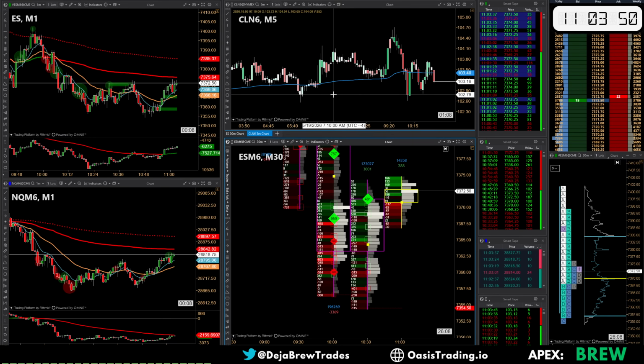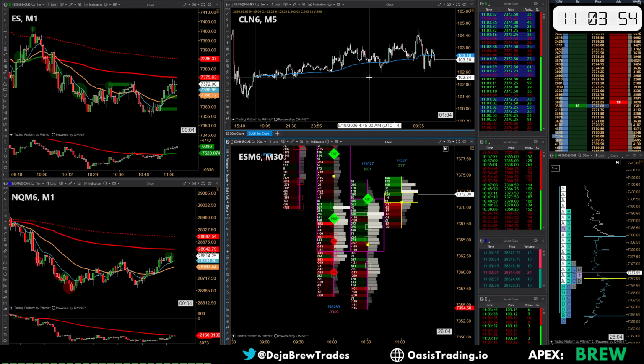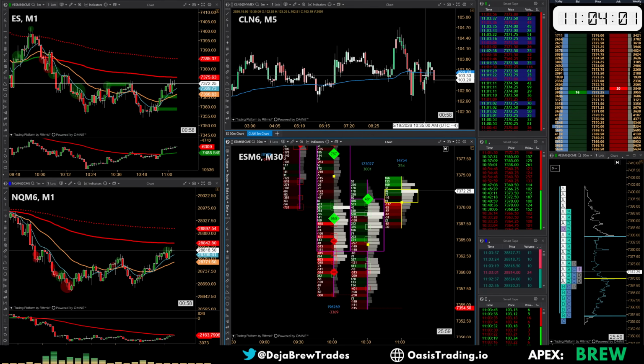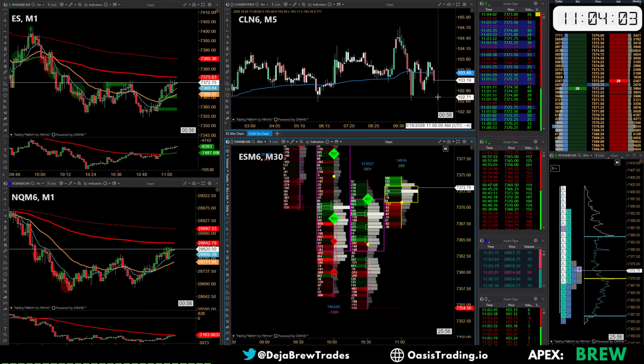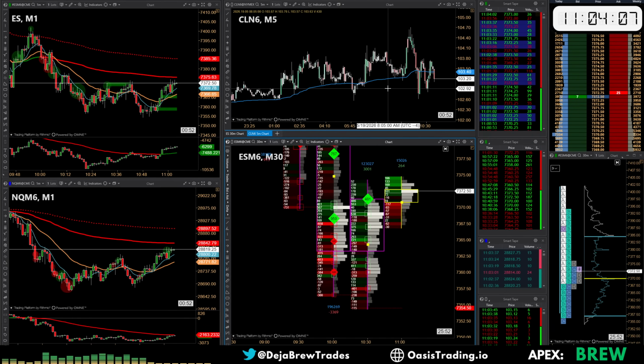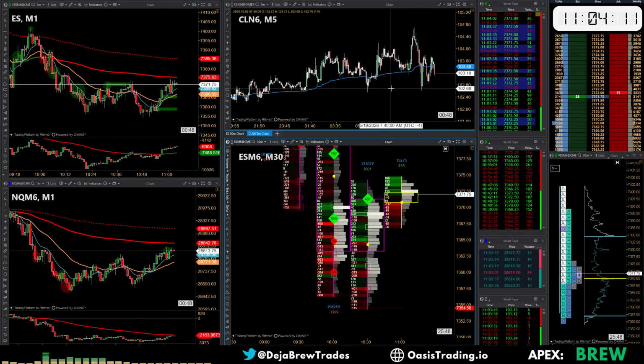That's just VWAP, just drawing a VWAP from the session VWAP. If you're trending very aggressively away from VWAP on oil, that's typically when you get that correlation. We're not doing that right now. It's just rotating around VWAP.